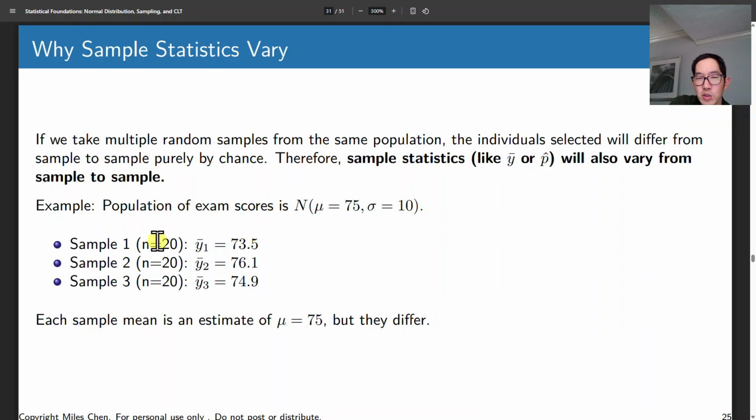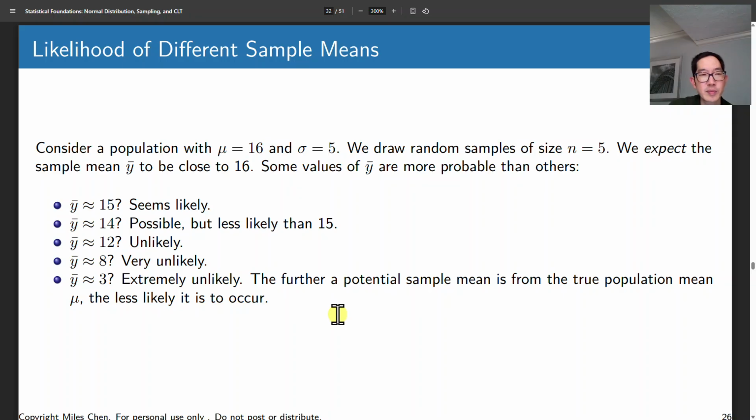If you draw 20 random values, you might get an average of 73.5. If someone else draws 20 random values from the population, their average could be a little bit different, 76.1. Someone else draws 20 random values, perhaps their average is 74.9. Each of these values is like an estimate of the population mean, but they differ from one sample to another.